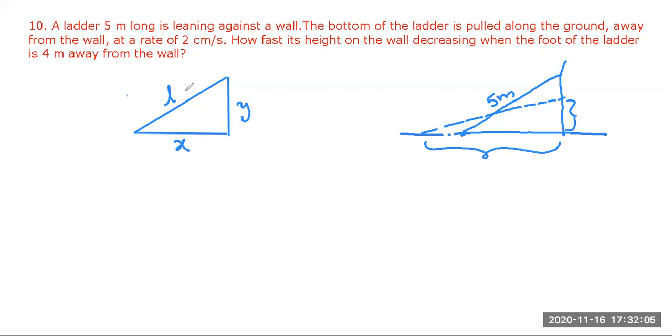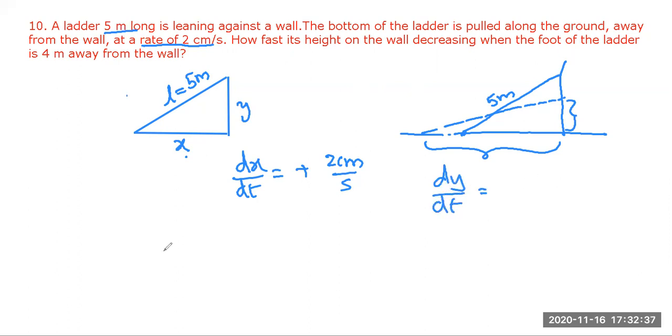The length of the ladder is given, so this is 5 meters. Then at the rate of 2 centimeters per second, that means dx by dt is increasing, that's why it's plus 2 centimeters per second. How fast is its height on the wall decreasing? So we know dy by dt is what is being asked.